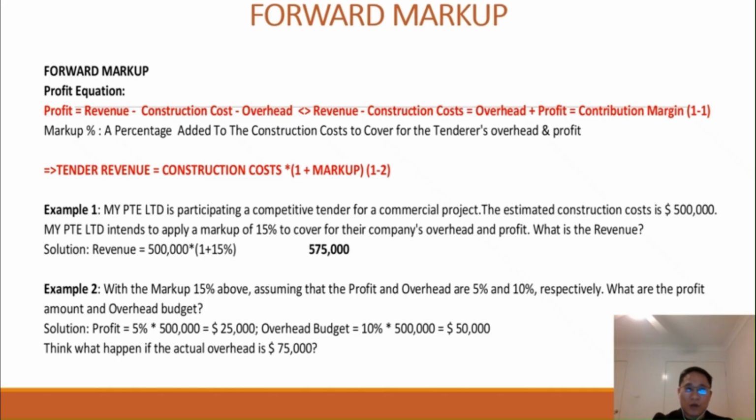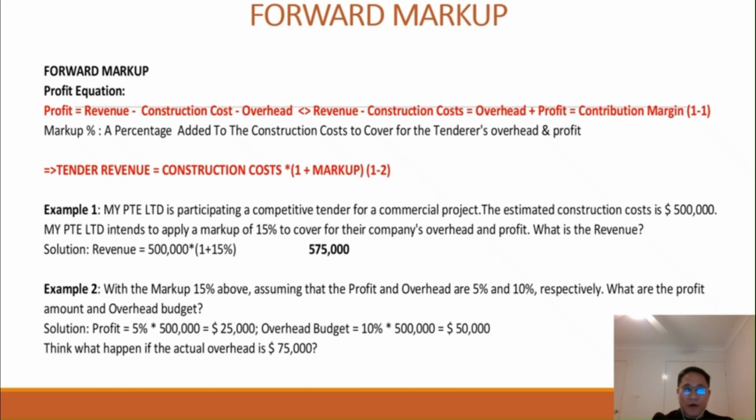And here is the solution. We apply equation 1 by 2: revenue is equal to construction cost, which is 500,000, times 1 plus the markup of 15%, which is equal to 575,000 for our tender revenue.